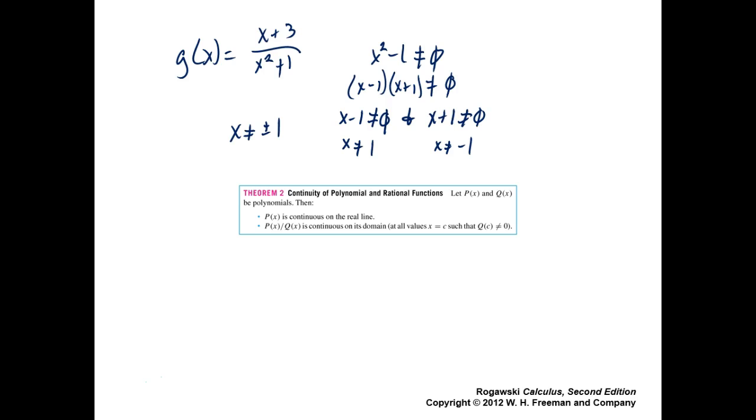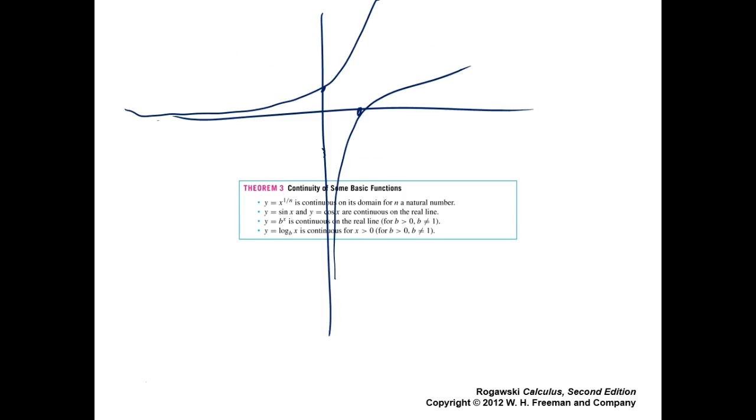Those are basic functions. Then other basic functions are your root functions, your sine and cosine functions. It's funny they don't include the other trig functions. I think they're also basic functions, but don't hold me to that. Your exponential functions and your log functions. Now this includes the e function and the natural log, but all exponential and log functions. Those are your basic functions.